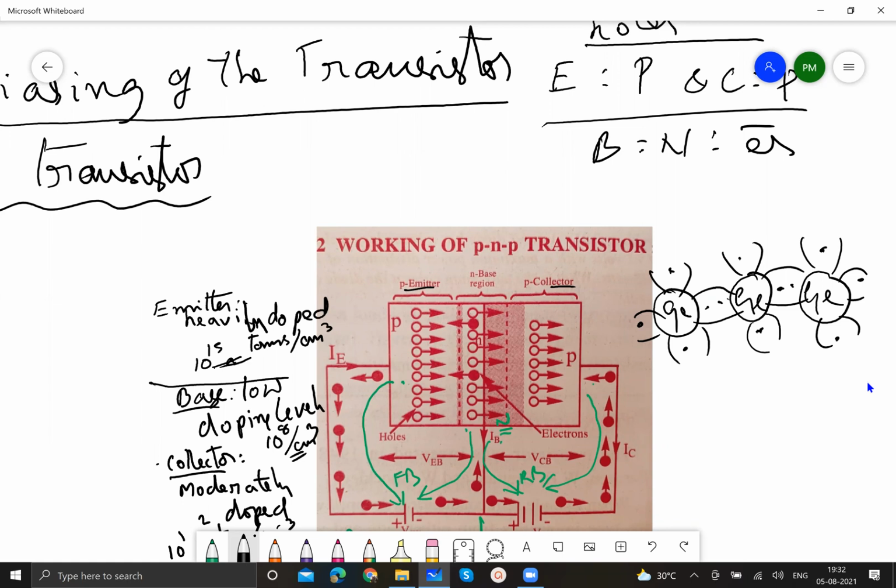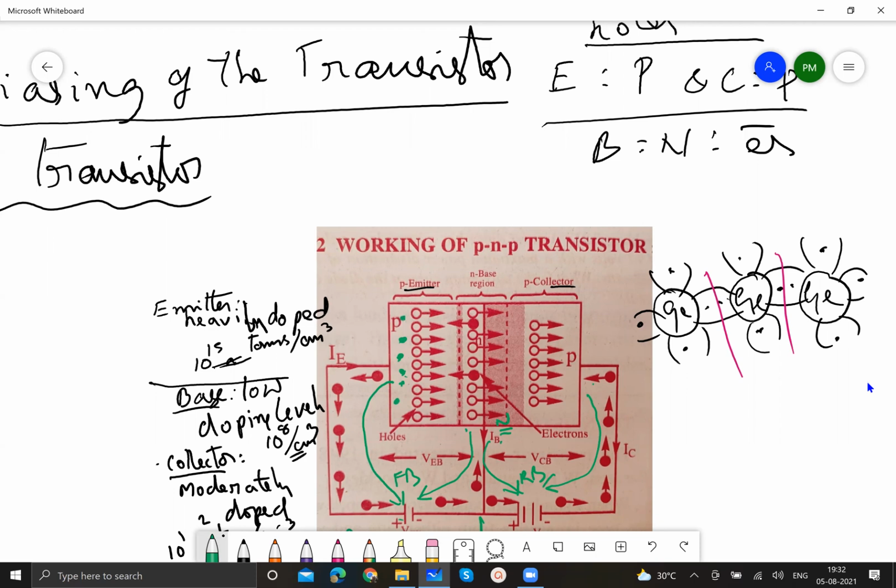But because of this energy, because of the biasing, some temperature increases across the P region. As a result of that, these covalent bonds will break. Once the covalent bonds break, a large number of electrons will be released from these covalent bonds.